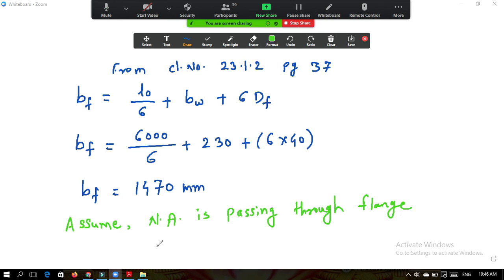Neutral axis is passing through flange means what? Therefore, XU is less than DF. That is what we have assumed initially.